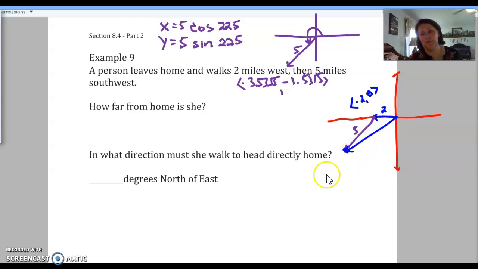So then in blue, our vector here is going to be the sum of my purple vector and my first blue vector. So we're going to add these two vectors together. So that's going to be -5.5355 and -3.5355.